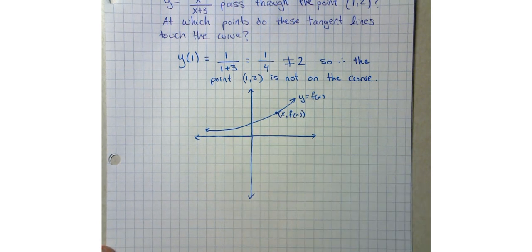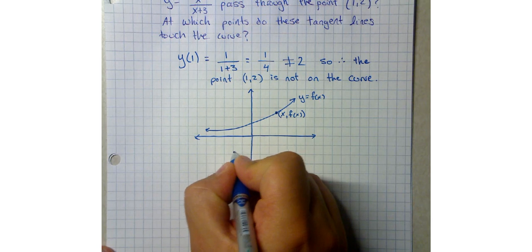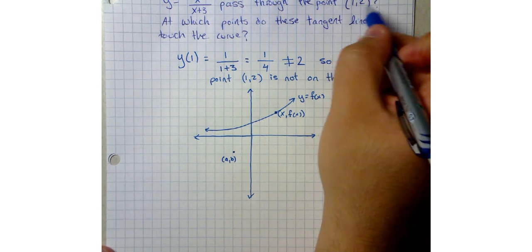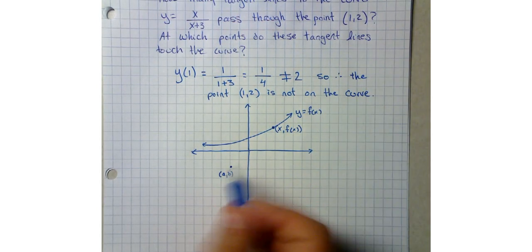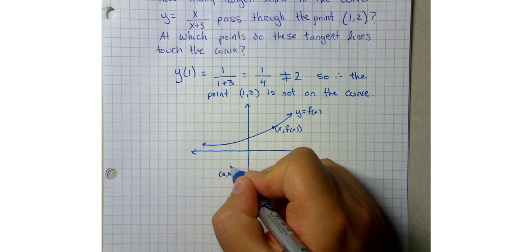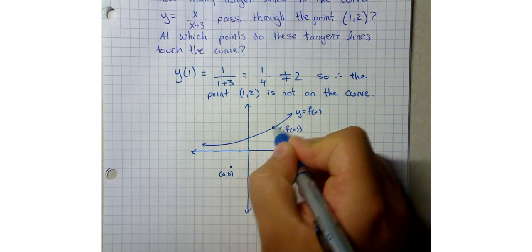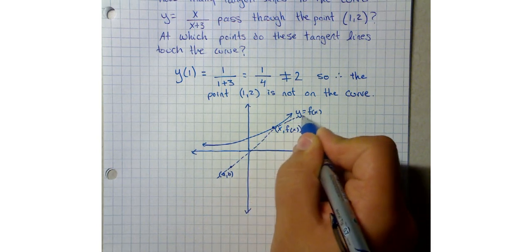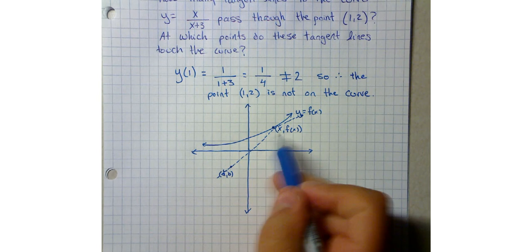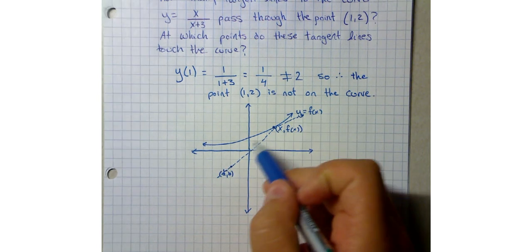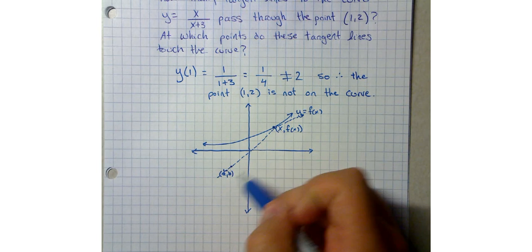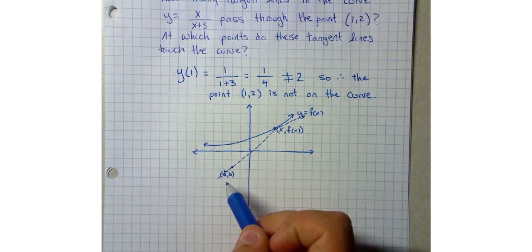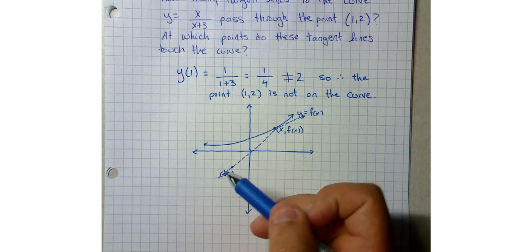And here's a point, call it a, b, and in our case this point is 1, 2. If I draw a tangent line to this curve, I know this doesn't look like a tangent line, how many of these tangent lines cross a, b, which is 1, 2? It looks better in this picture.